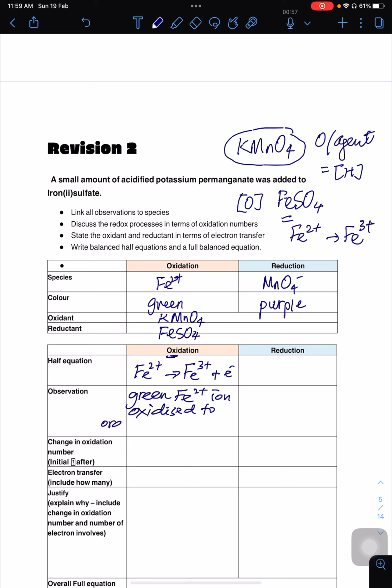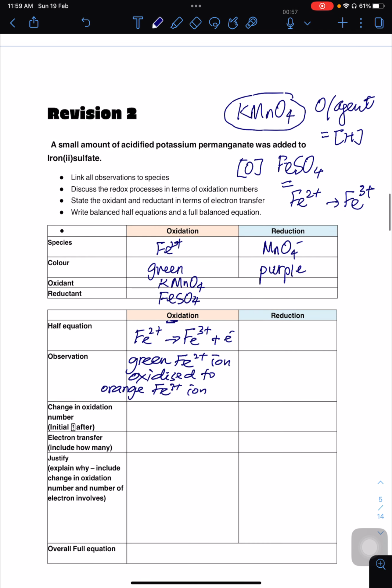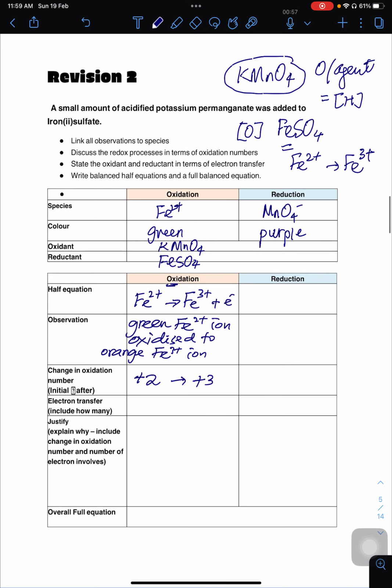Say I'm going to choose orange Fe3+ ions. The change in oxidation number is from +2 to +3, the one before and after. And the transfer of electron means, does it lose or gain? In this case, since it's oxidation, it loses 1 electron.